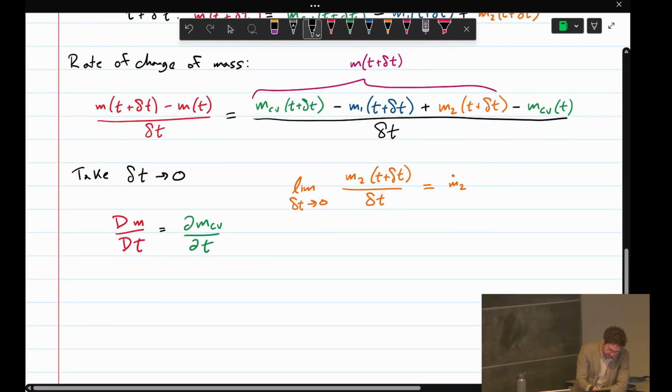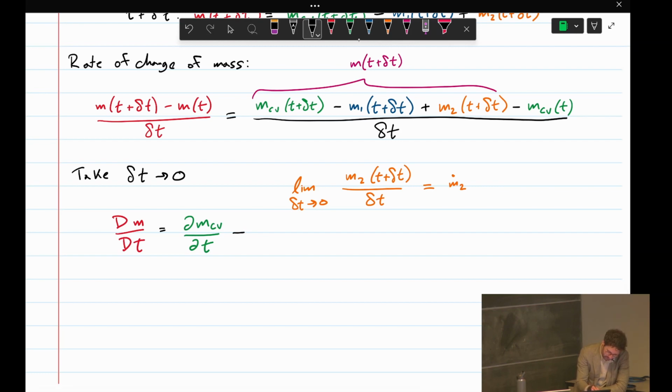So our material derivative is equal to this minus, so the m dot in is our blue component, plus m dot out. Okay.